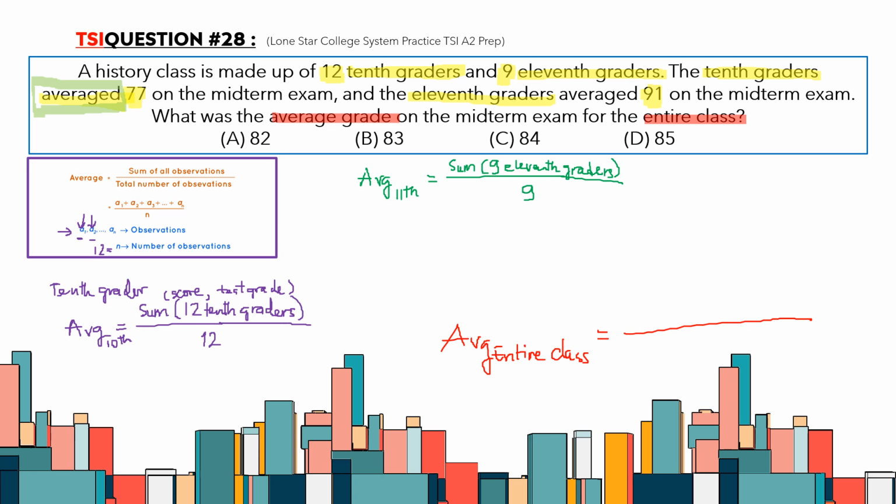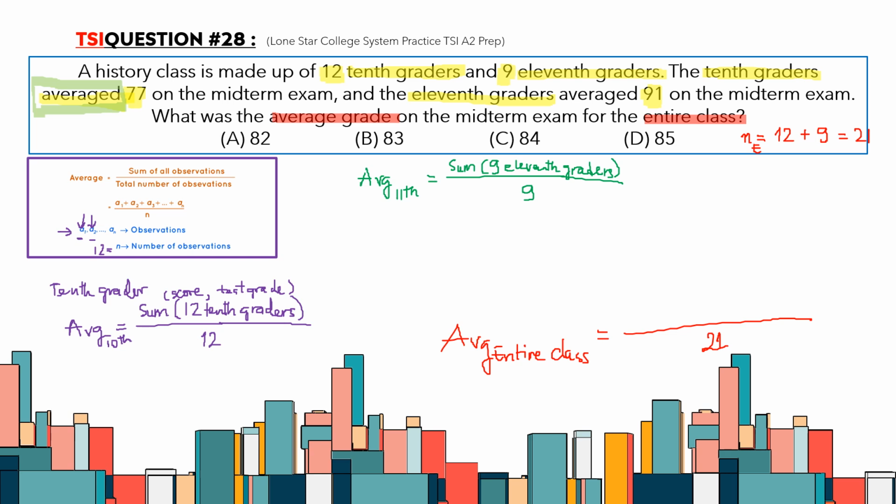So how many students in total for the entire class? We have 12 from the 10th graders and 9 from the 11th graders. The total is 21 students for the entire class.